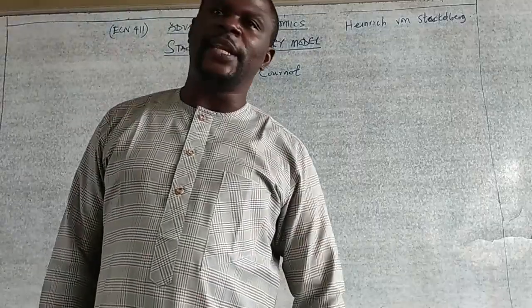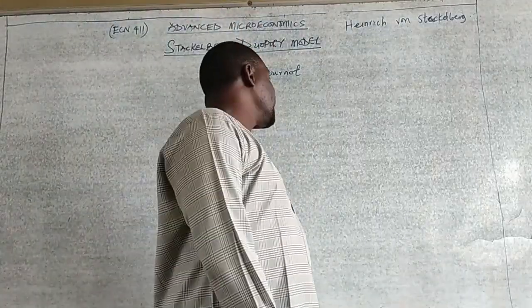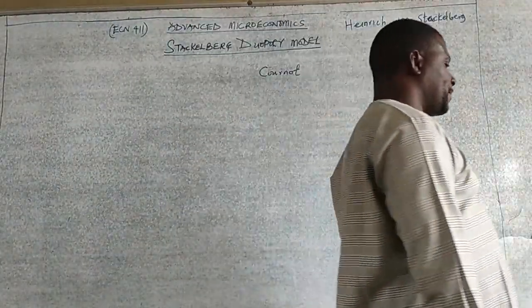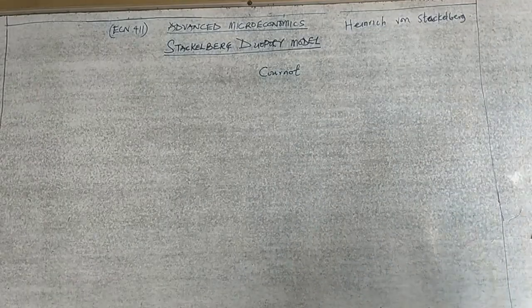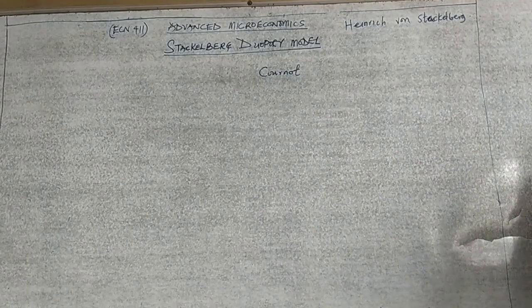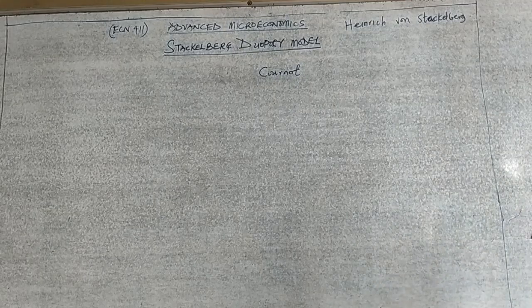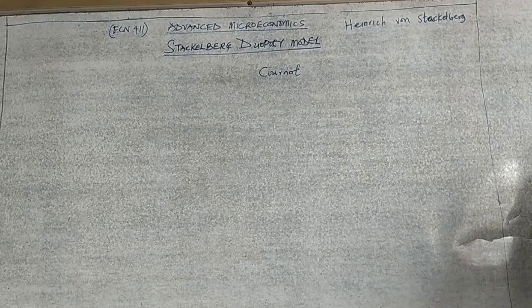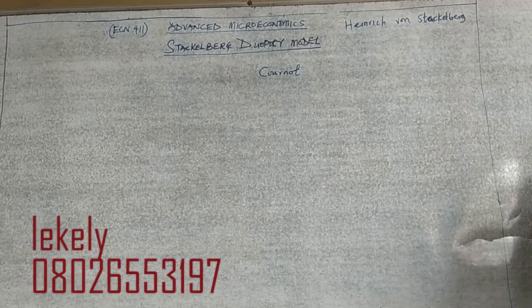And the model believes that one duopolist is sufficiently sophisticated. Believes that what?